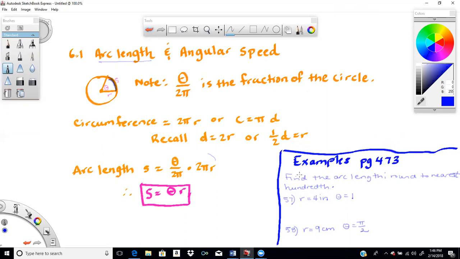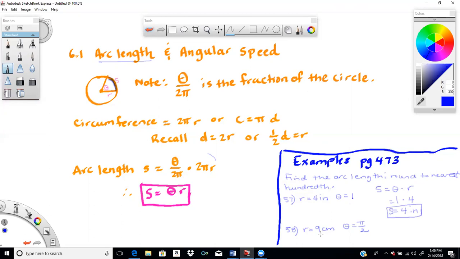Again, we use the formula for arc length: s is equal to theta times r. Theta is 1 and the radius is 4 inches, so we just get 4 inches. There you go.